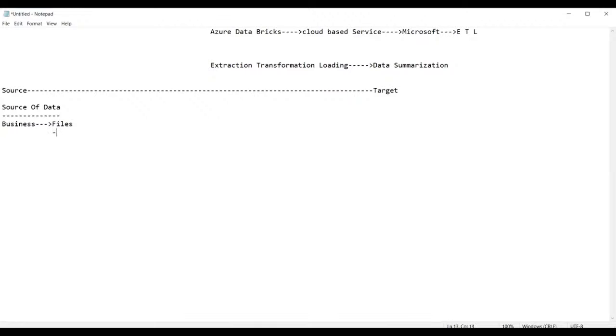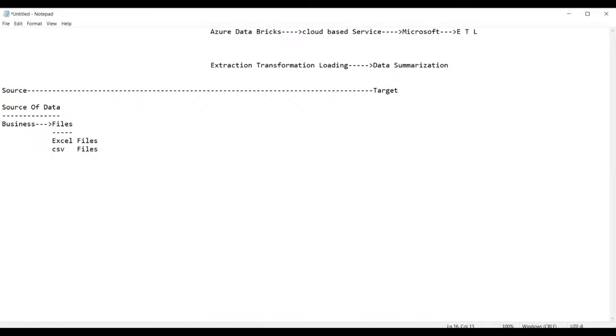Guys, what are the types of files you have? The files are the following. We can have Excel files, and we can have CSV files, which stands for comma separated value files.